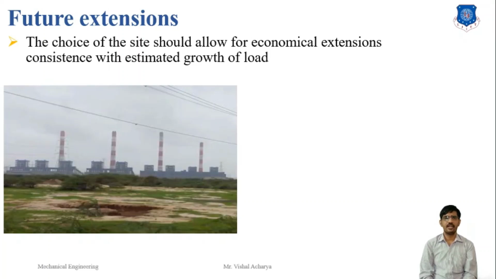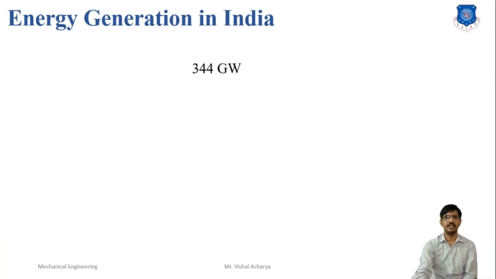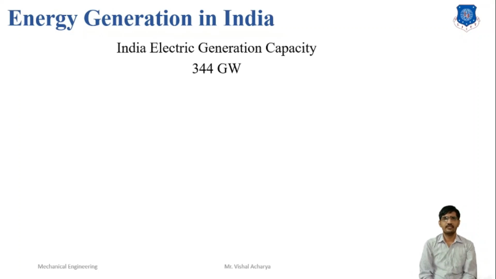Our next topic is energy generation in India. Nowadays, the total electrical generation capacity in India is 344 gigawatts. In these 344 gigawatts, two types of energy sources are available. First is the conventional energy sources.